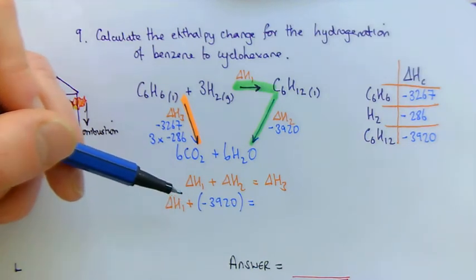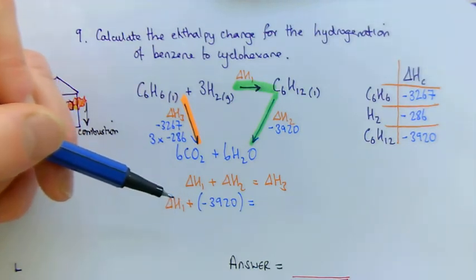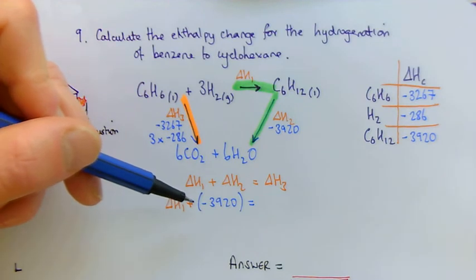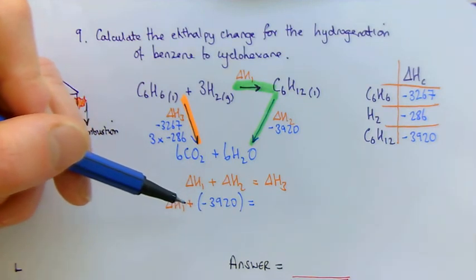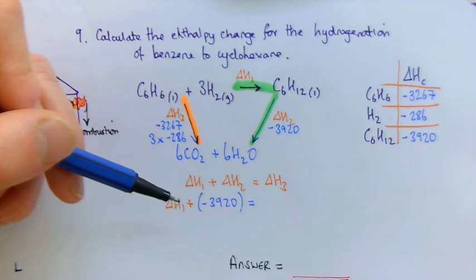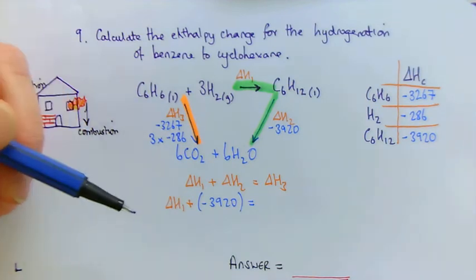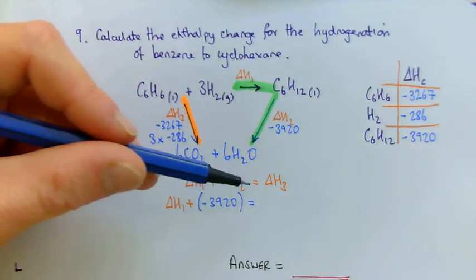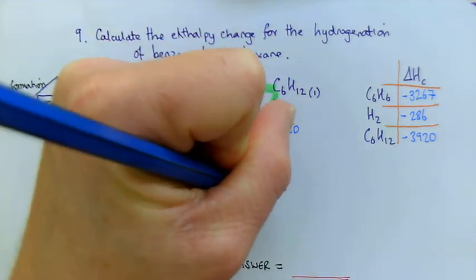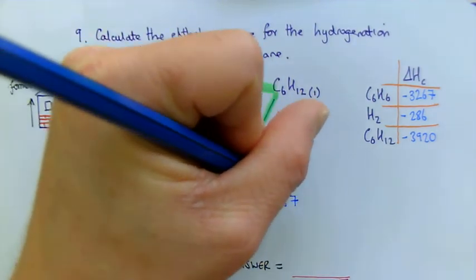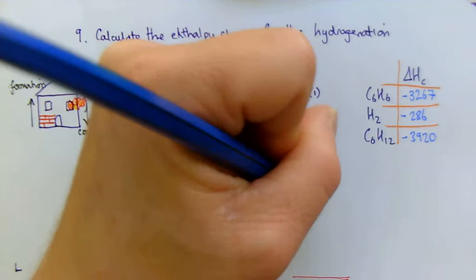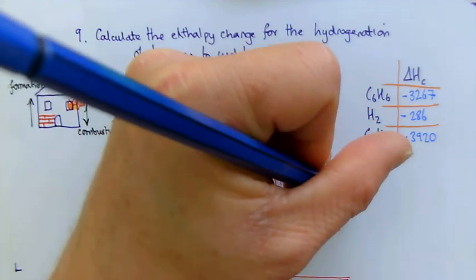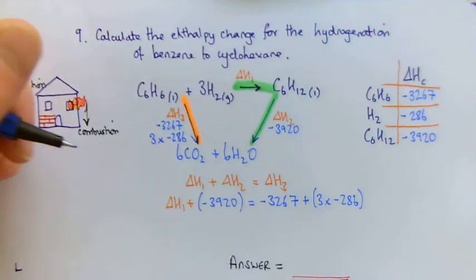Just keep things in brackets for a little while. Don't do too many manipulations of signs in your head. So let's just track it through properly. And that would equal minus 3267 plus 3 times minus 286.